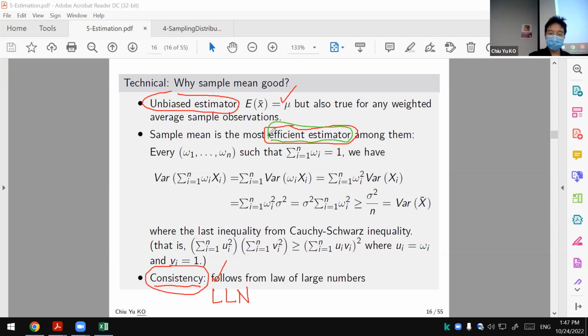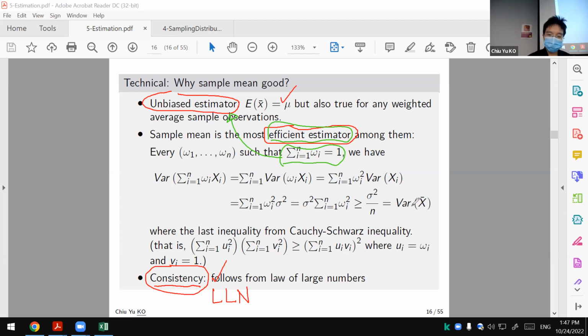Since this is a technical slide, I'm not going to go through the proof, but the main idea is the following. Suppose you consider any weighted average. Any other weighted average also has the unbiased property, because efficiency is compared among unbiased estimators.